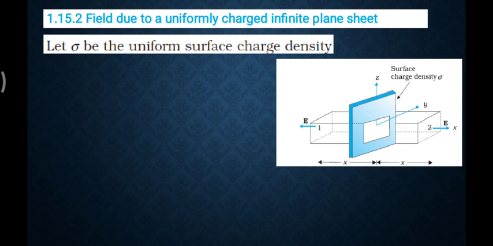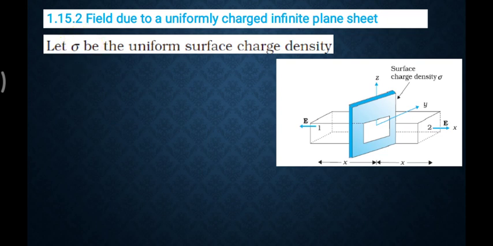Here also the task is the same: first derive the flux according to our basic knowledge about electric flux, then use Gauss law, and at the end derive the electric field of the infinitesimal plane sheet. Here sigma is the uniform surface charge density, because the paper is one surface, and whatever charge it contains, we integrate over small parts, so it has a surface charge density symbolized as sigma.